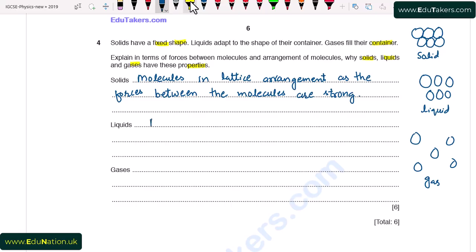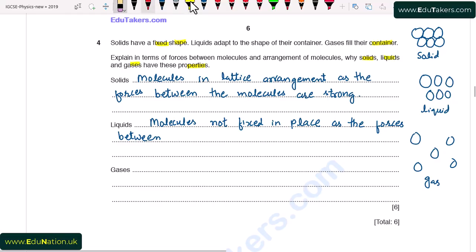For liquid, molecules are not fixed in place, as the forces between molecules are too weak as compared to solids.